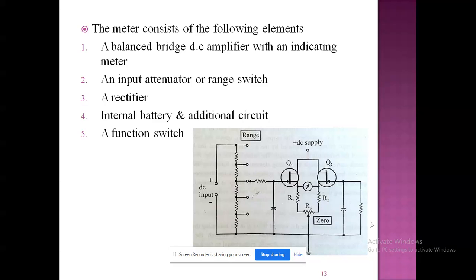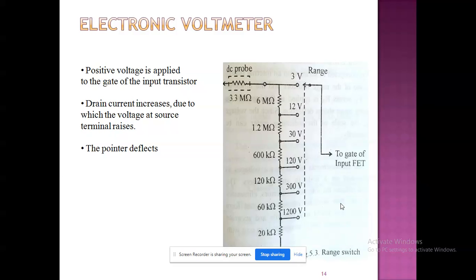The electronic multimeter can be used either as a voltmeter or as an ohm meter. Now let us see how this electronic multimeter is used as an electronic voltmeter.